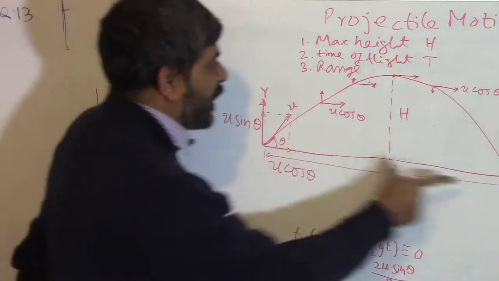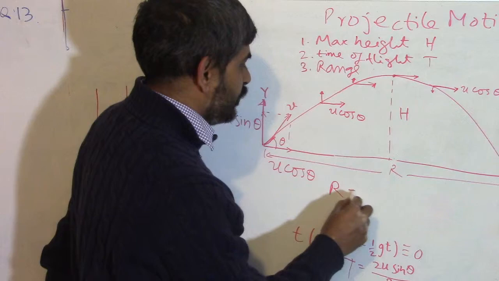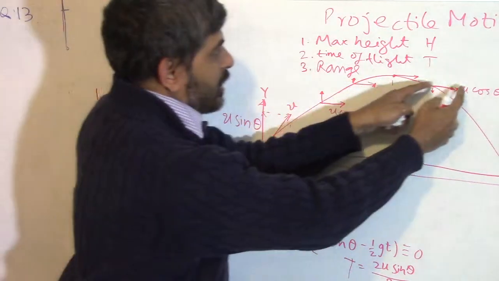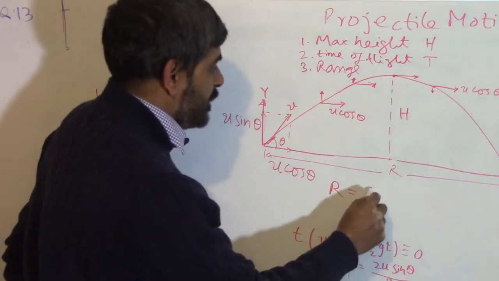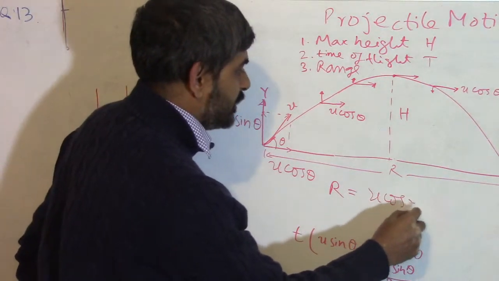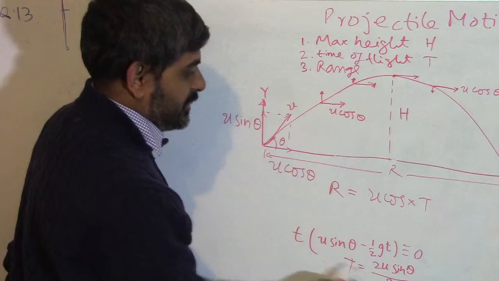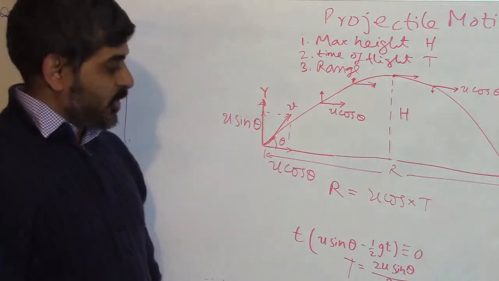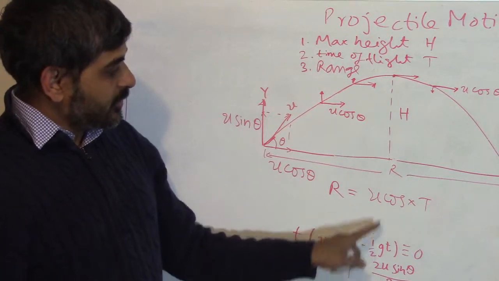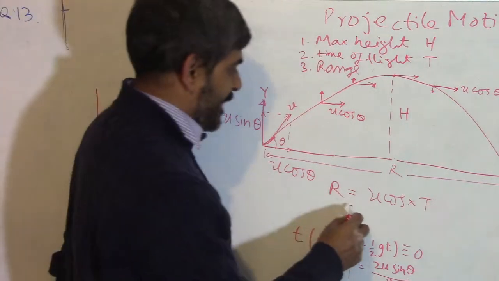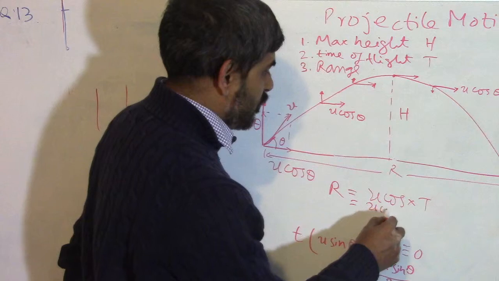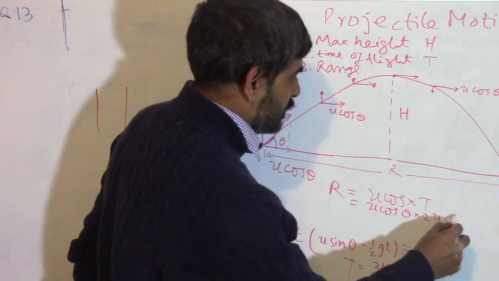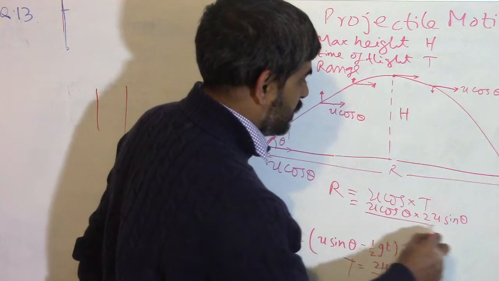So if I need to find this range R, it will be equal to this constant velocity u cos theta multiplied by this time t, which is the time it takes to come from here to here. Now if I substitute this value of t here, what do we get? u cos theta multiplied by 2u sine theta divided by g.